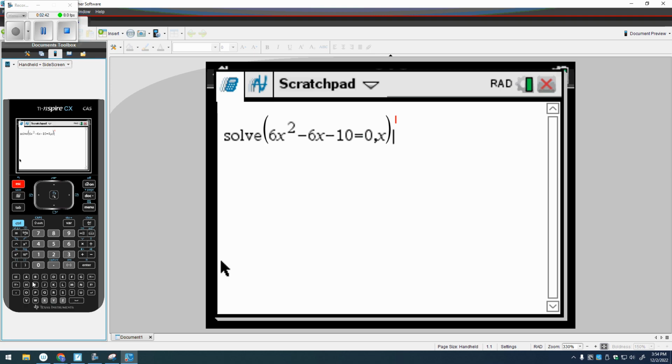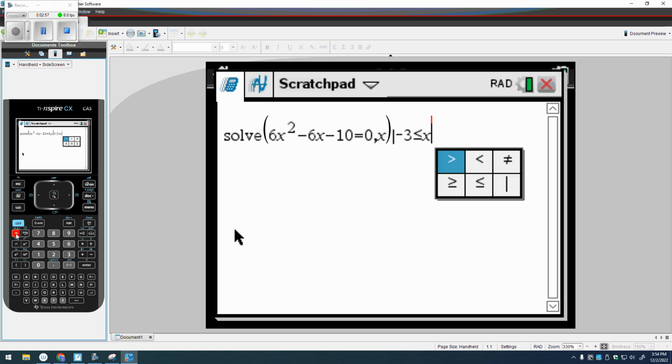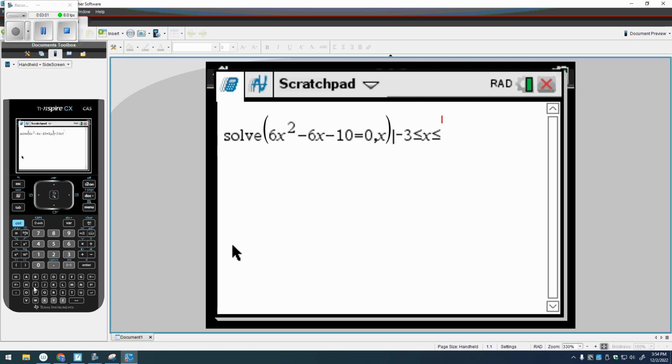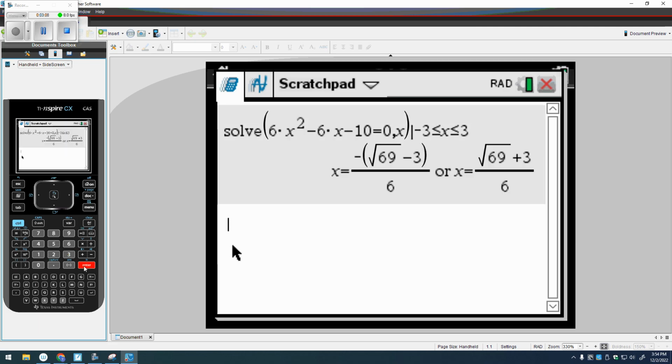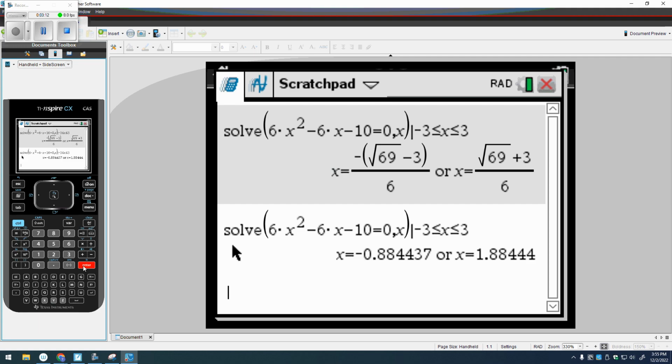Since I have a closed interval, I want the x's that I solve for to be between -3, using control equals to grab that inequality symbol, and x, and again control equals to grab the inequality symbol, and +3. So now all the answers that the calculator will generate have to be between those two. And I'm going to press control enter to get my approximates.